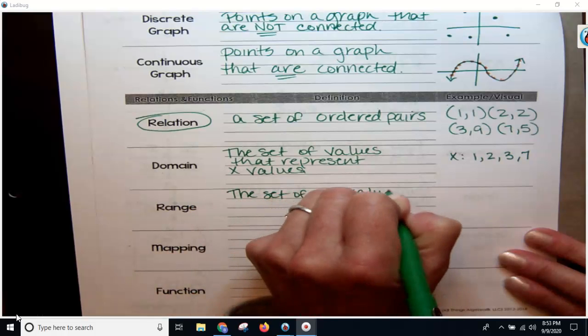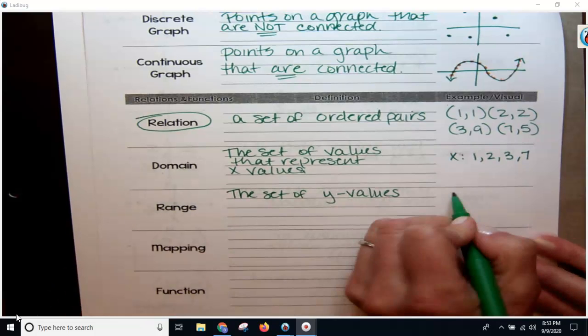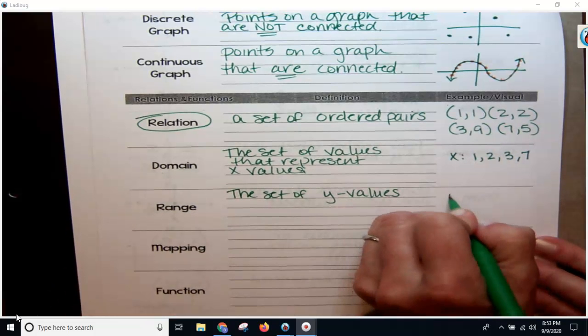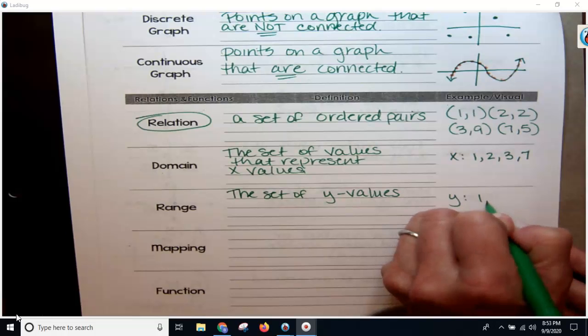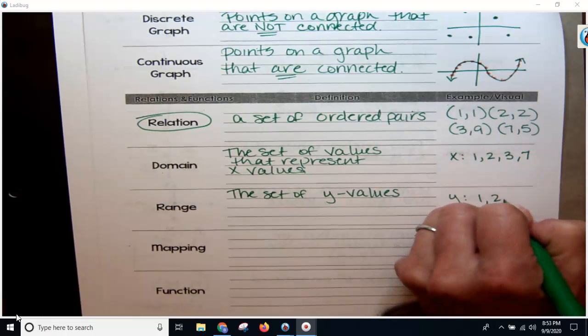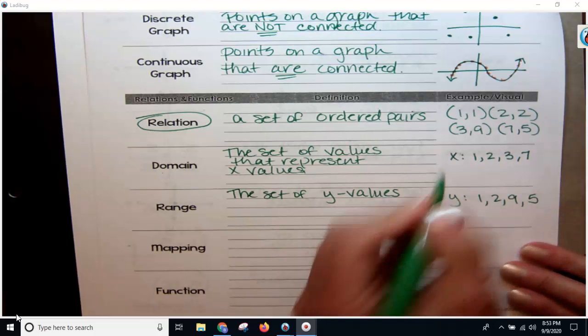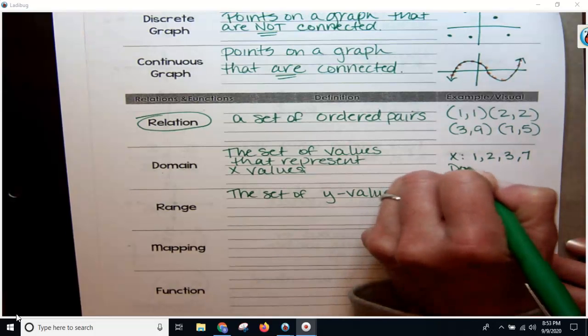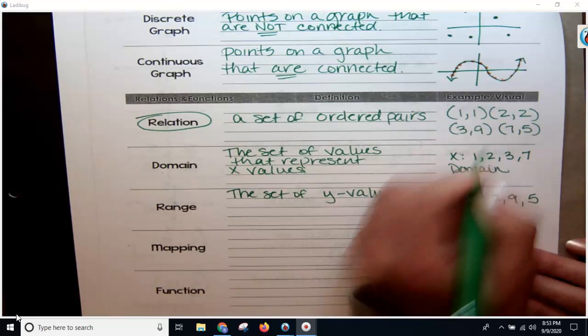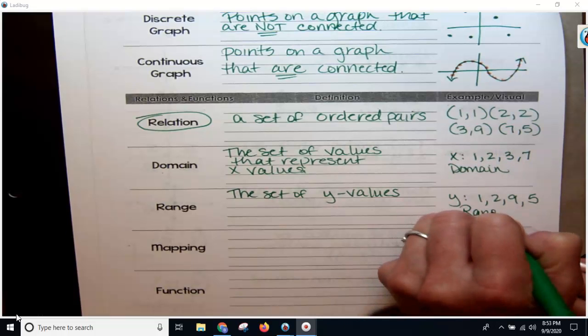In this situation, your y values would be 1, 2, 9, 5. So this would be your domain of the relation up here. This would be your range.